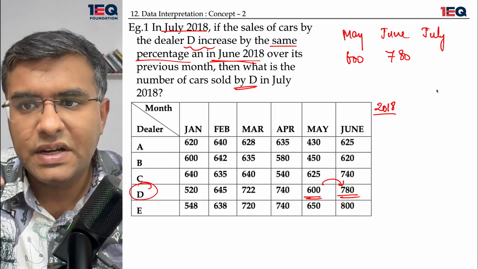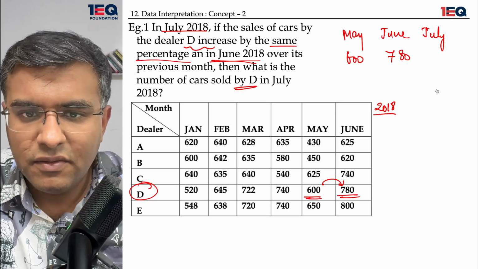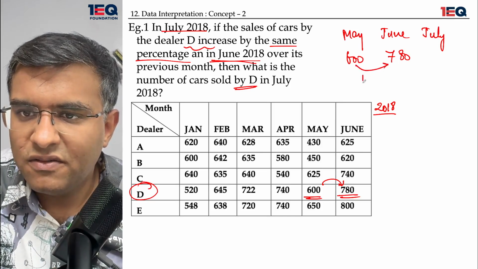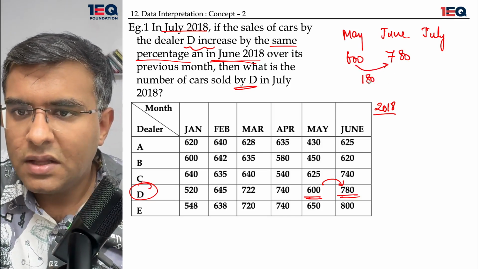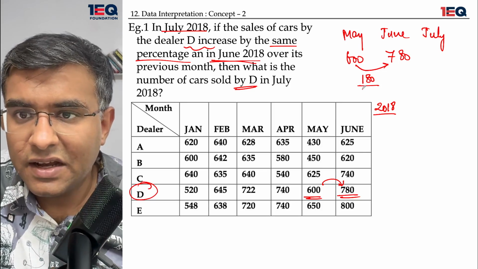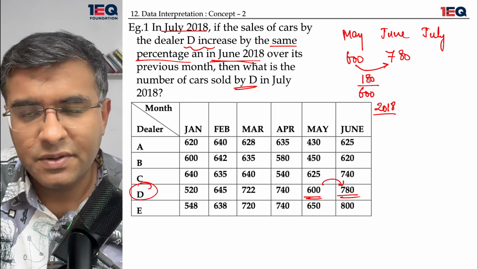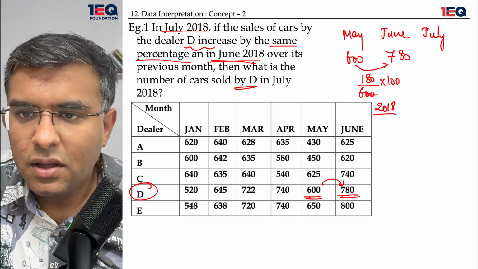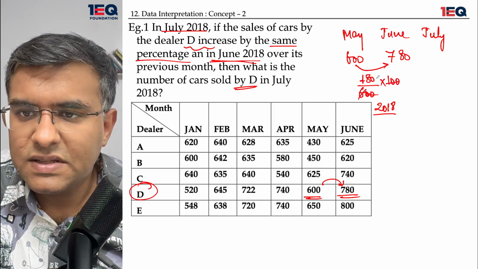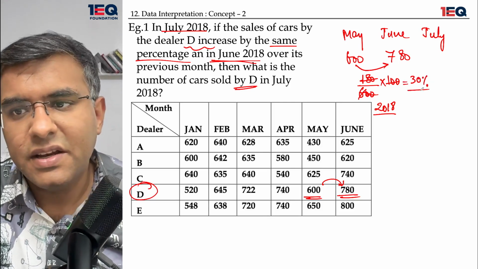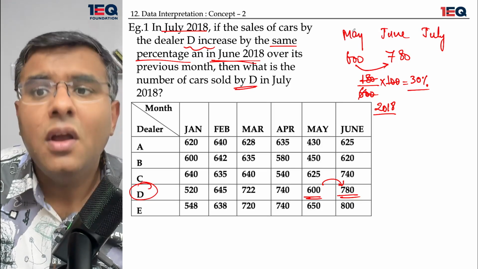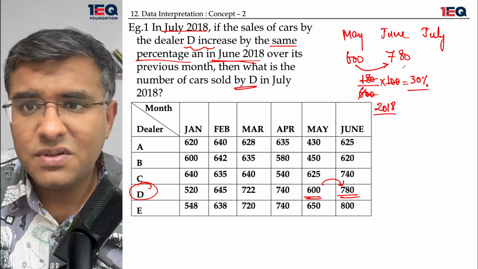In June, we were sitting at 780. In July, we need to predict and find out the answer. The gap is 180. This gap was created against the 600 cars produced in May. When I multiply it by 100, I get 6 ones are 6 and 6 threes are 18. This means there is a 30% increase from May to June.